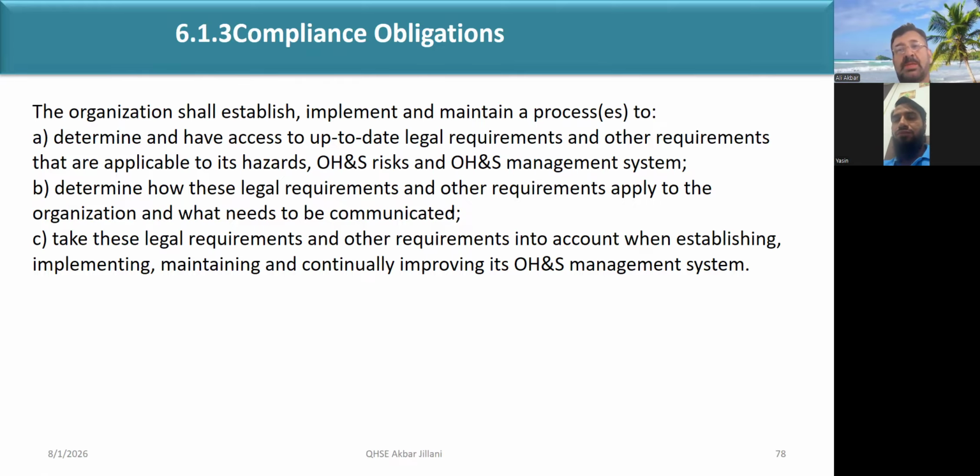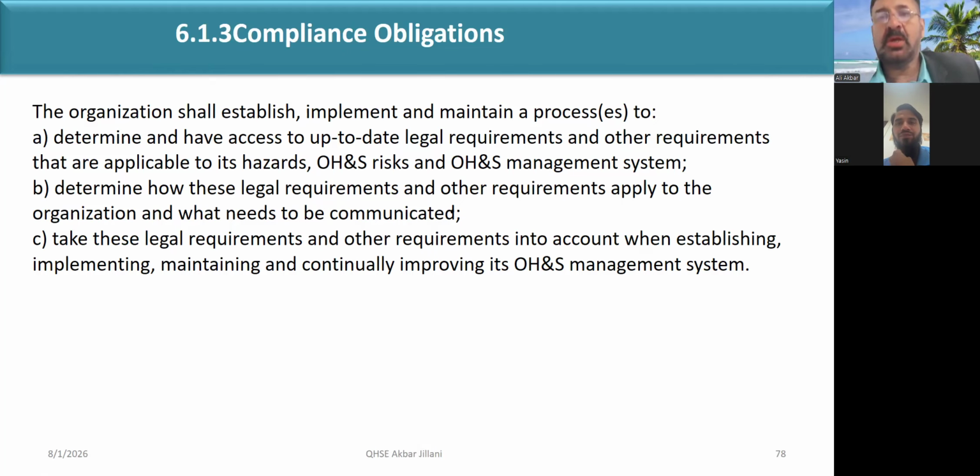If you go to the standard, you will not see the legal requirements of any country, because this is a general statement that wherever we are working, we have to comply with the country or the state legal obligations. You got the point?